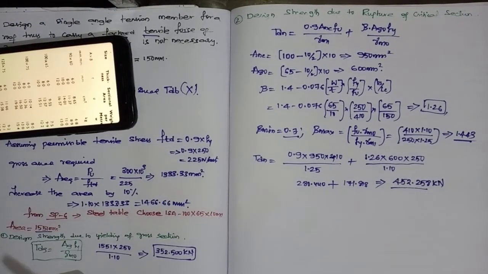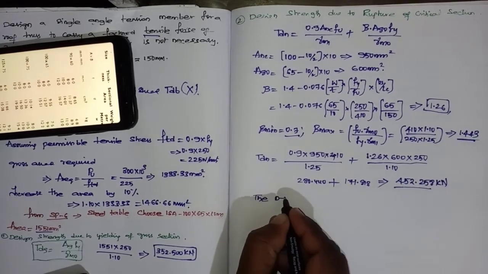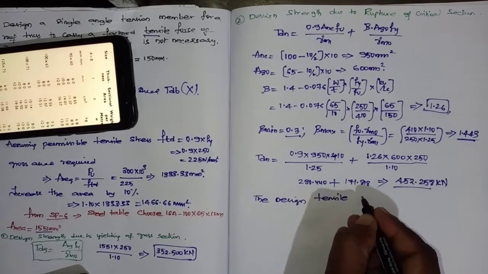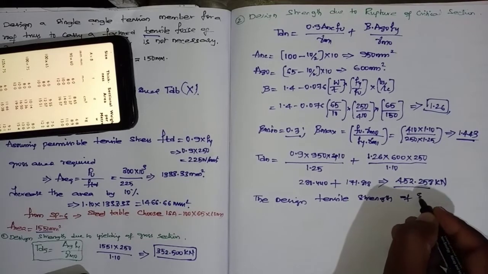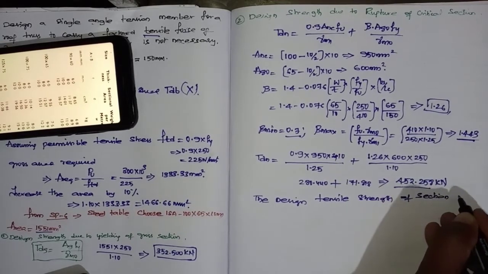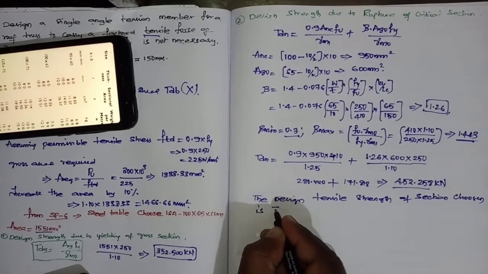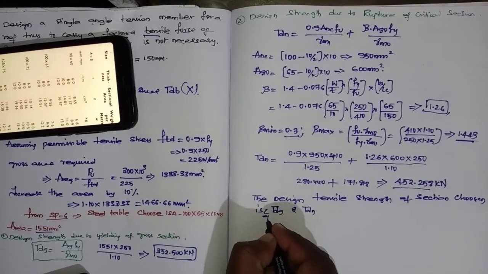Now out of these two, the design tensile strength of section chosen is lesser of TDG and TDN.